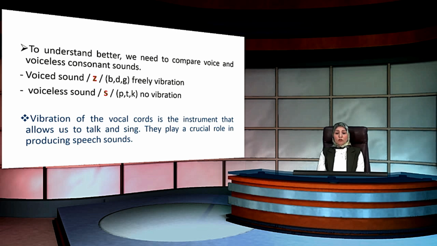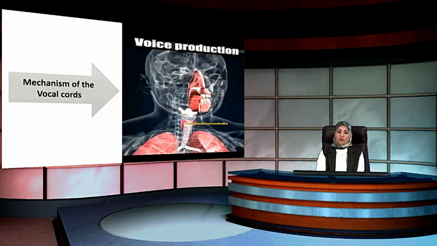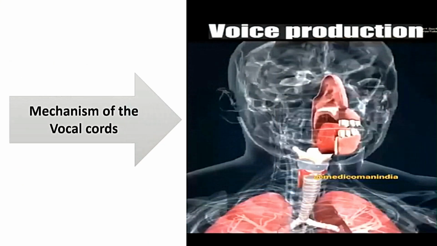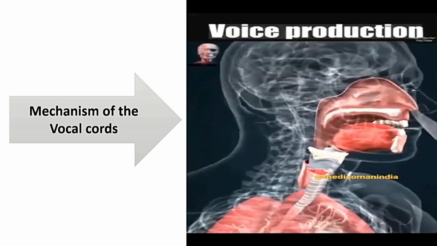Vibration of the vocal cords is the instrument that allows us to talk and sing. They play a crucial role in producing speech sounds. So, now we will watch a video illustrating the mechanism of the vocal cords and how the stream of air goes out freely.